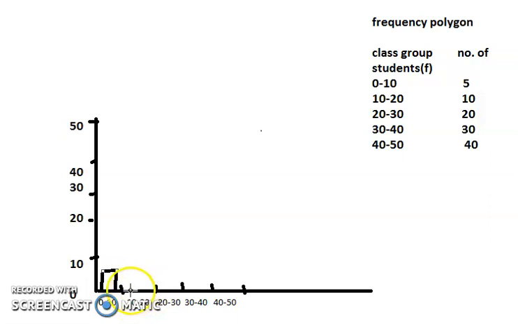For the second one it is 10. So we know this much is 10. Now here it is 20. You will always do it according to the scale only, then the measurement will be correct.